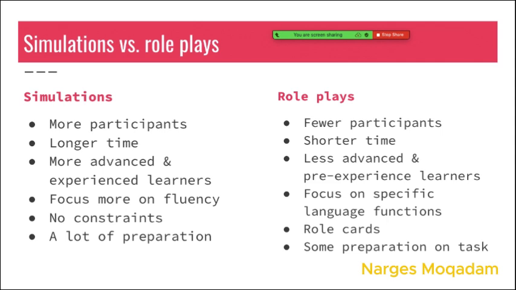For doing the simulations, we need more advanced and experienced learners. And also, when we are working on simulations, we need to focus more on fluency. For the role plays, we probably focus on specific language functions. There are no constraints when working on simulations. That's why we call it a free practice of language.